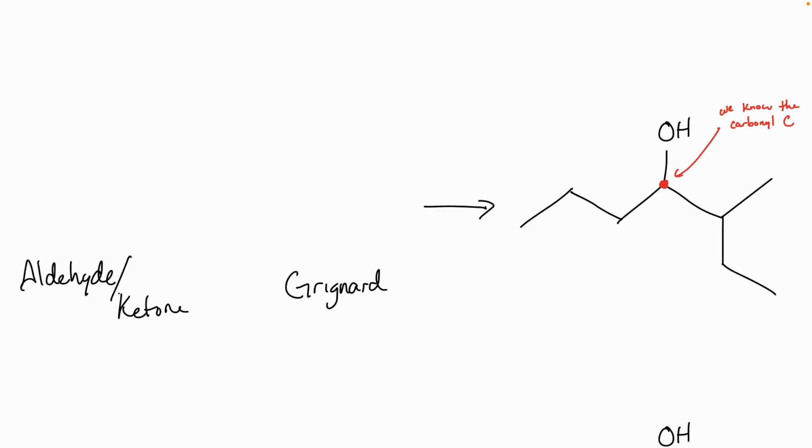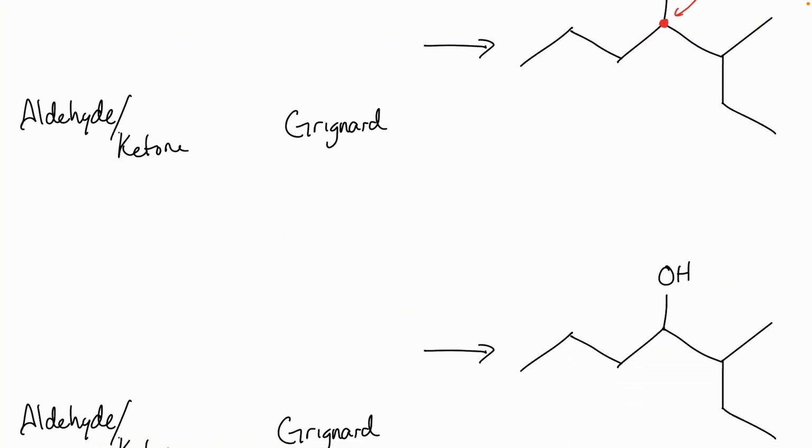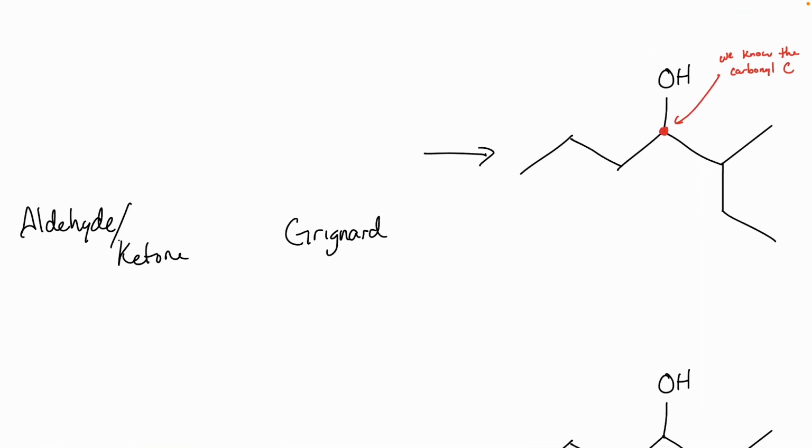Now, what we don't know is which was the new bond that was created, because we have two choices. This could be our new bond. So that means that this fragment over here was my aldehyde. Draw it in the same direction, whatever.